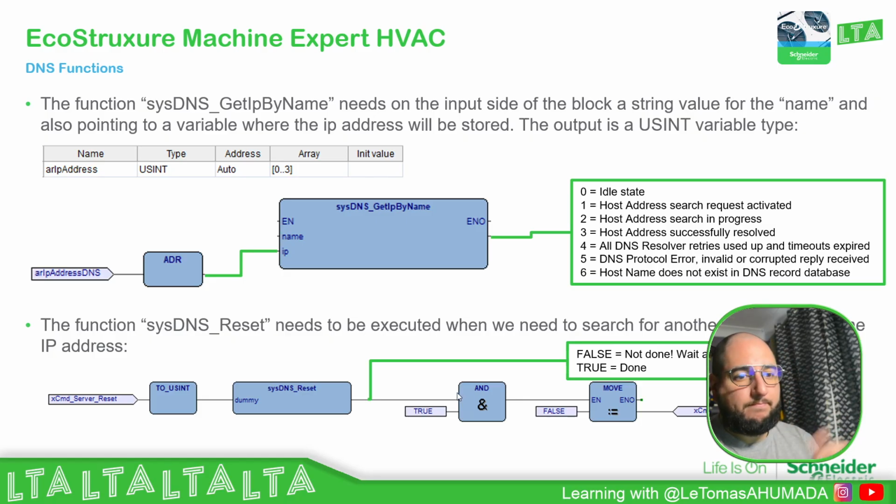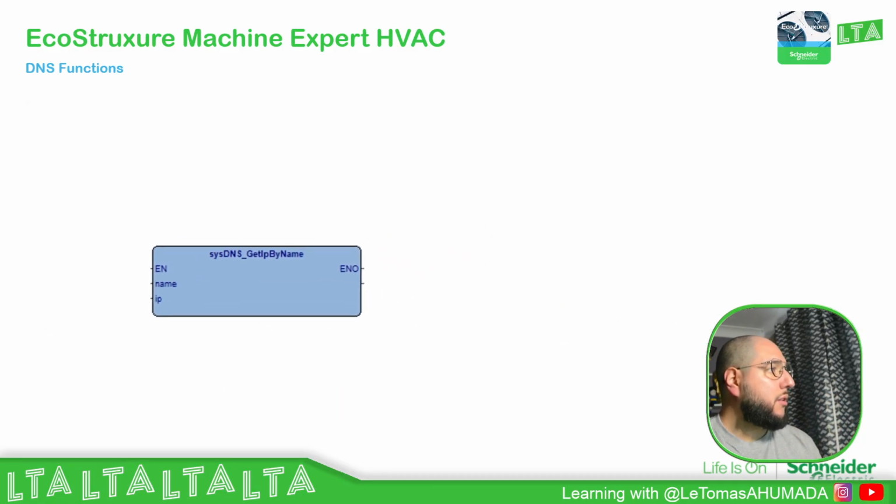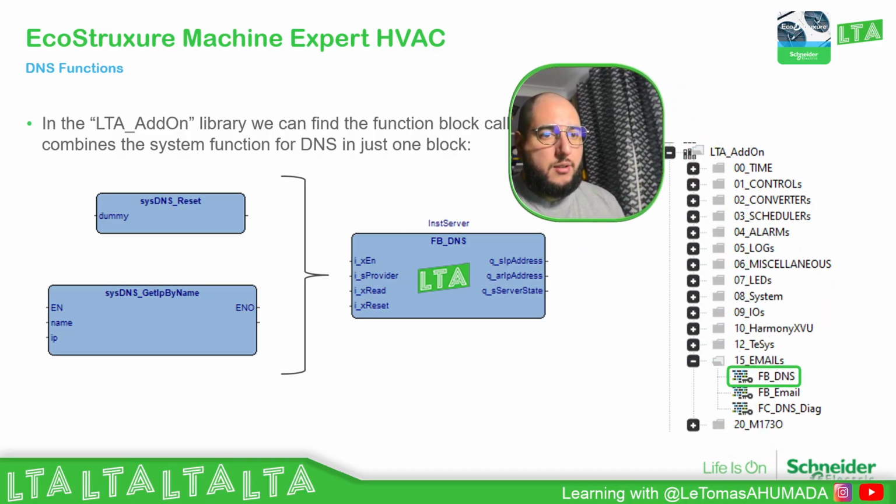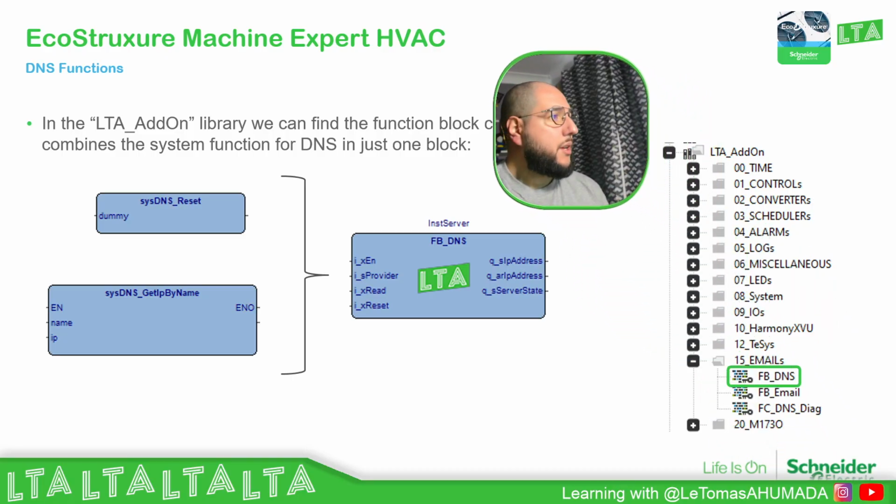So in order to get this in an easy way, I came up with a function block on the library. Maybe you cannot see it: the library LTI_AddOn. Here we have this function block and you have the enable.